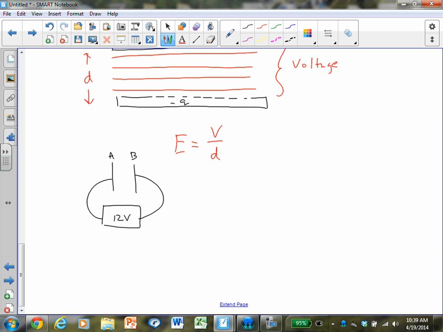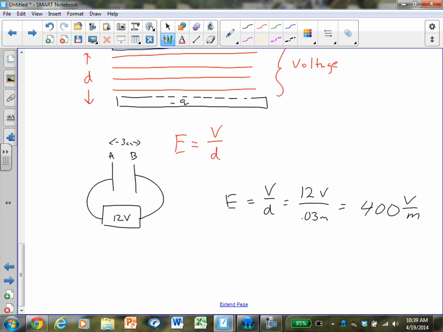So let's say the separation was 3 centimeters. And the electric field would just be V over D, or 12 volts over 0.03 meters, which is 400 volts per meter.